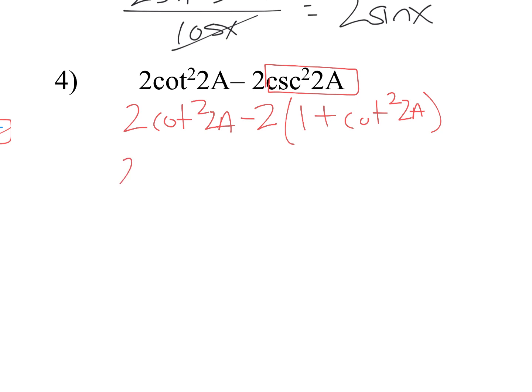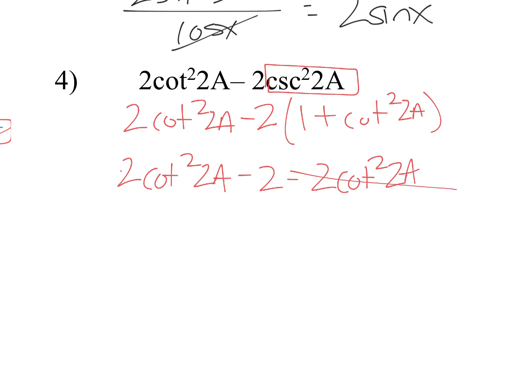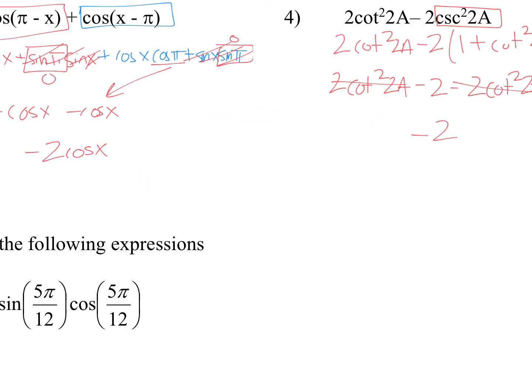And when I distribute the -2, the cotangents go away, and I'm actually just left with -2. So in my answer key, I switched it all to sines and cosines, which will work out. You'll still get -2, but it's a lot more steps, so a lot more algebra.